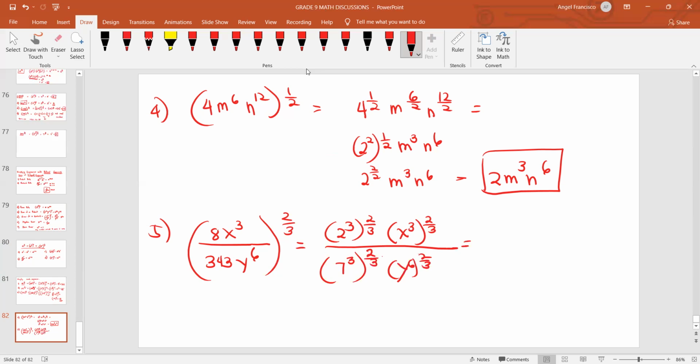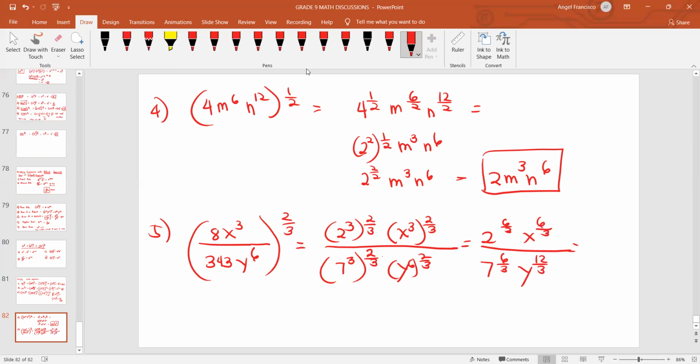Pwede nang i-multiply eh. So, ari ay 2 to the 3 times 2/3 ay 6/3. Ari naman ay 6/3 din. Tama? Ano pa aring isa? 7. Ari ay 6/3 din. Ari ay magiging 12/3.